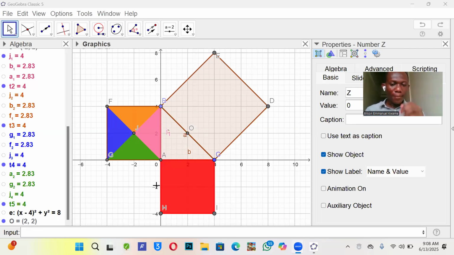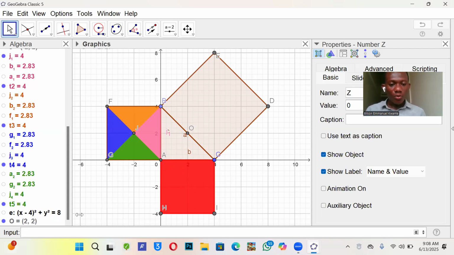So to do that, all that we have to do is, first of all, we punch on our input field. I had to check something. We put using from the GeoGebra app, right? We point from the input field.